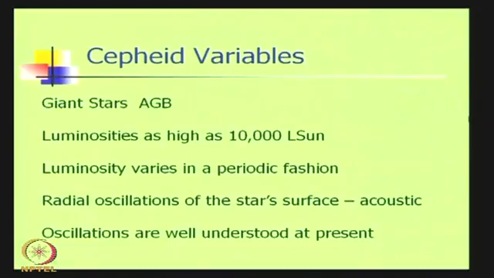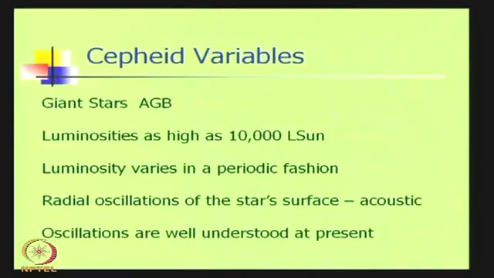So these are like sound waves, basically some acoustic modes on the star. The star is made up of some gas, these are like sound waves in that gas. And the physics of these oscillations are now well understood. One can actually write down equations and one has a good understanding of the physics of this.